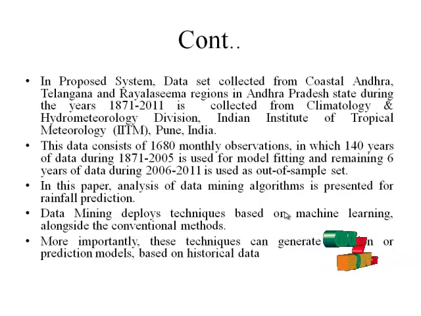The data consists of 1680 observations, in which 140 years of data during 1871 to 2005 is used for model fitting, and the remaining 6 years of data during 2006 to 2011 is used as the out of sample set.